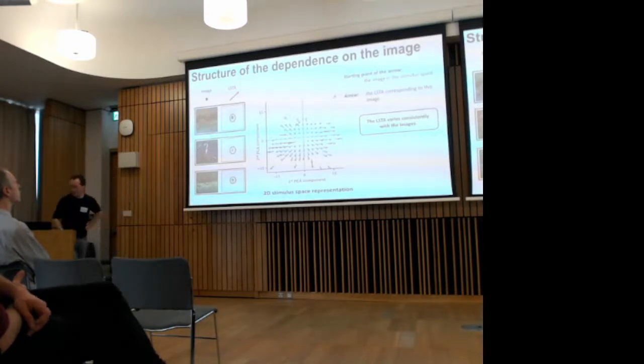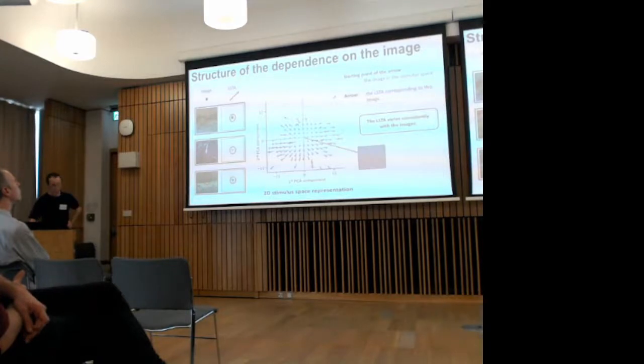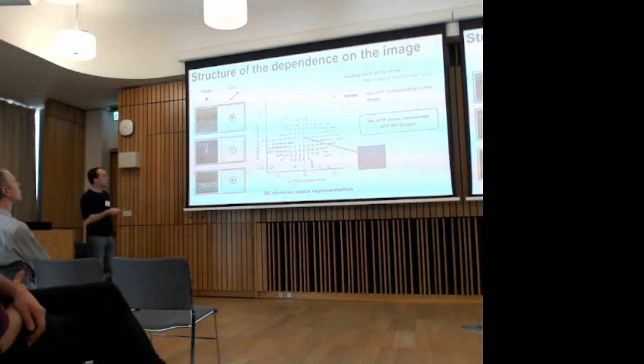And so, what is that point? That point corresponds to an image that would just be a uniform gray. So what this cell is telling you is, I don't care where you are, just get away from here.